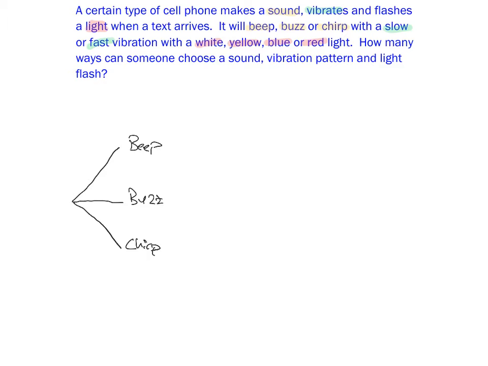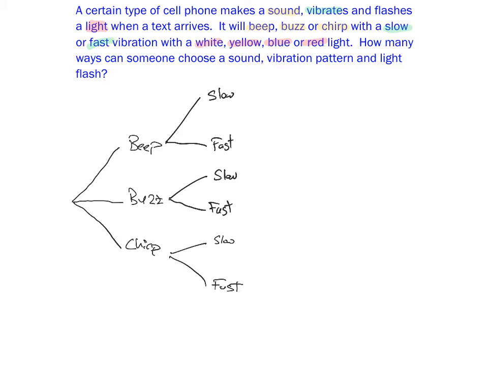And once the phone has beeped, buzzed, or chirped, it can either vibrate slow or fast. If it buzzes, it also has the option of slow or fast. And if it chirps, it also has the option of slow or fast vibration.